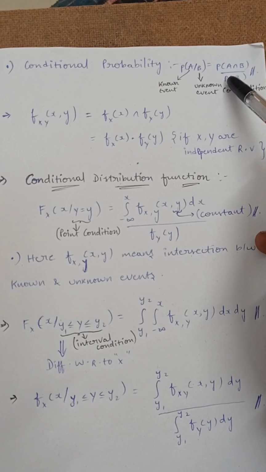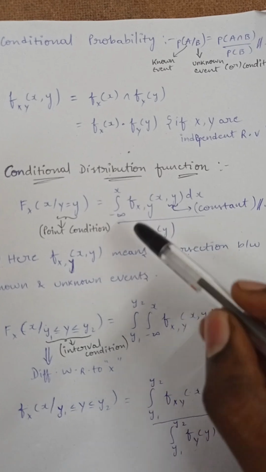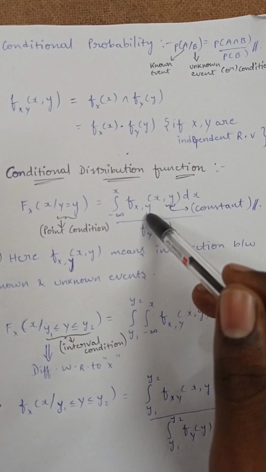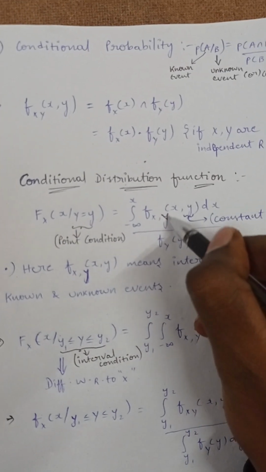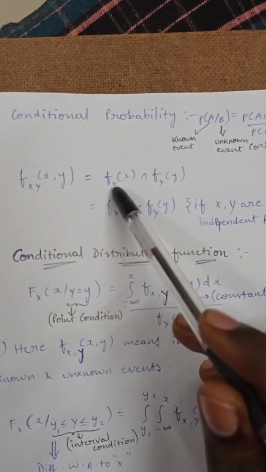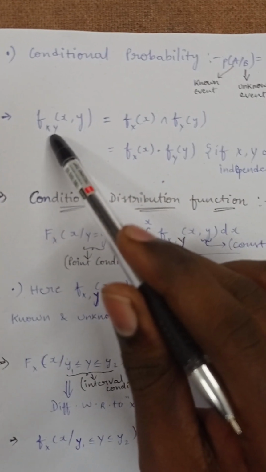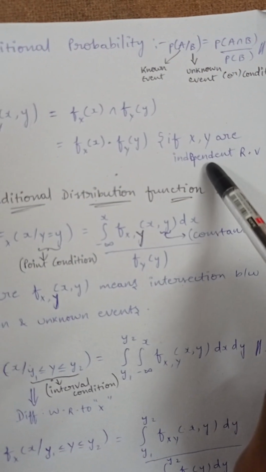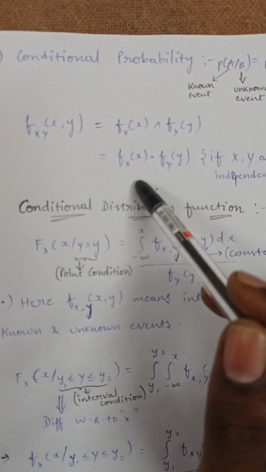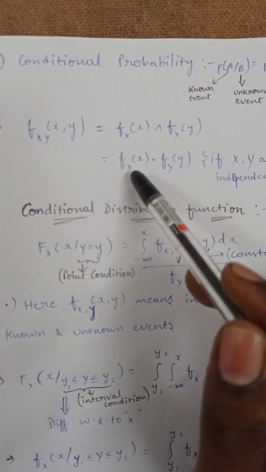Now we need to look at this formula. In this we have a joint density function of x and y random variables. When these x and y random variables are independent, we can write this joint density function as f of x and f of y of y.